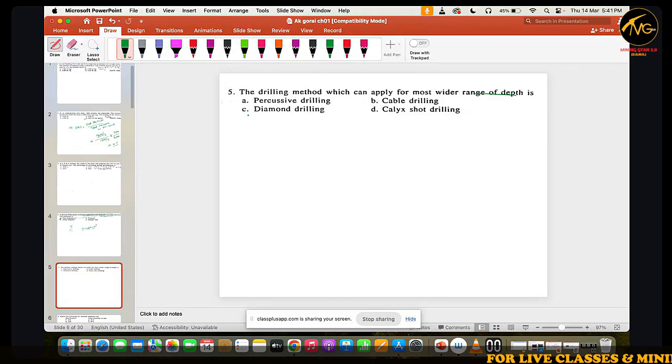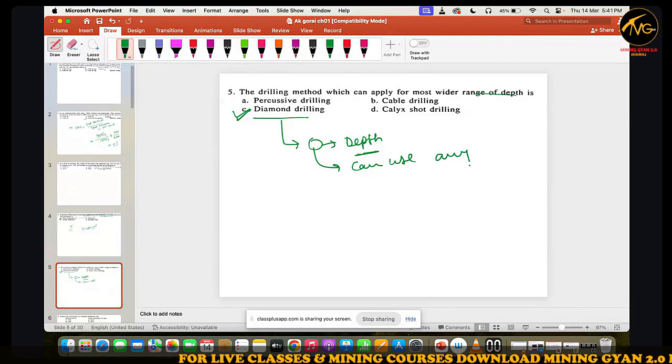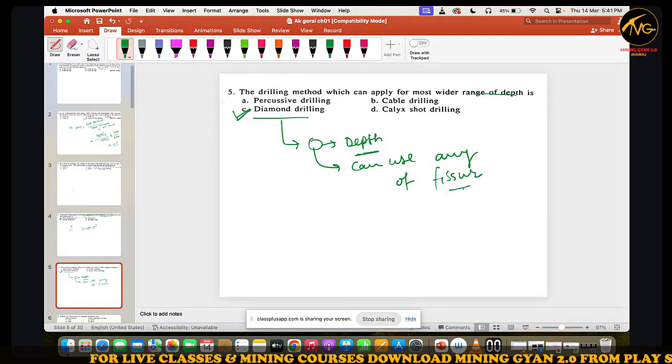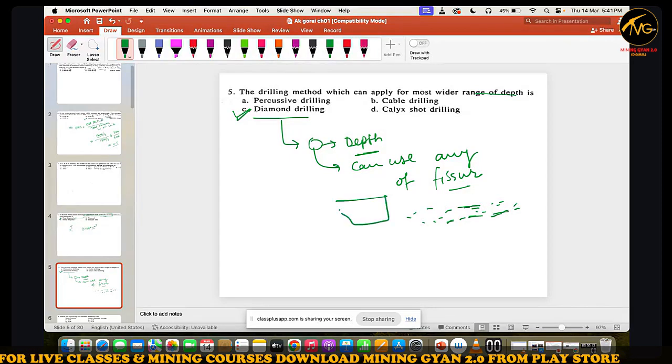Answer is diamond drilling. Diamond drilling has the highest economic depth and can be used in any type of strata except fissure. Fissure means it's not intact rock, it is in fissure form.